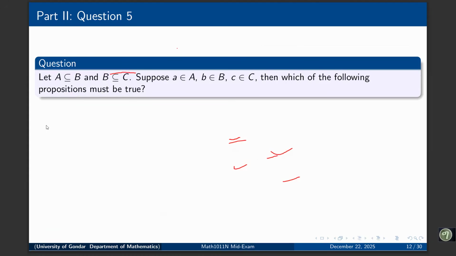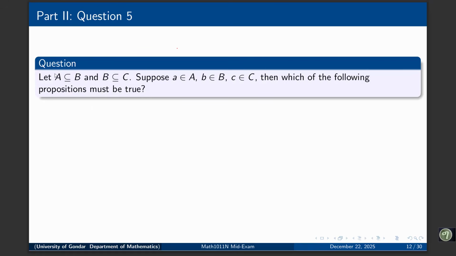Okay, the next one is question number 5. Let A be a subset of B and B be a subset of C. Suppose a is an element of A, b is an element of B, and c is an element of the third set, C. Then it asks which of the following propositions must be true.